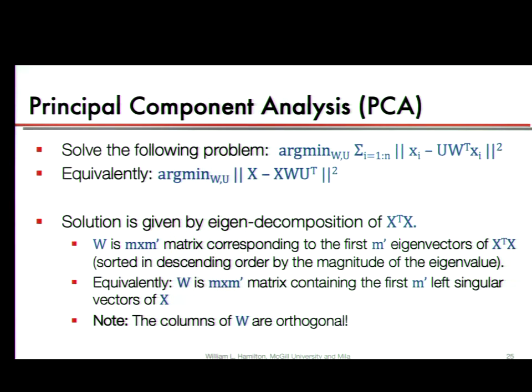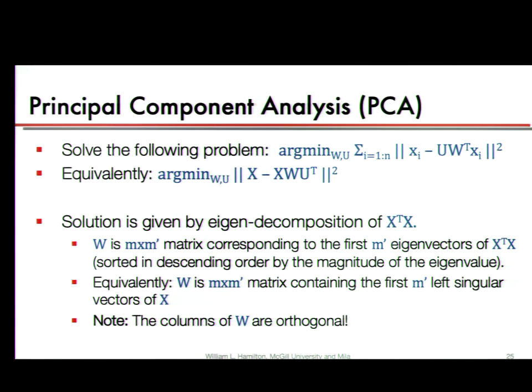So an equivalent way of writing this in terms of matrix algebra, so X again is our data matrix, is that we're trying to minimize or solve this optimization function. So find us the compression and decompression matrices so that when we compress our data matrix and then decompress it, we don't lose any information. So in this case here, this would be the Frobenius norm because we're talking about matrices now.